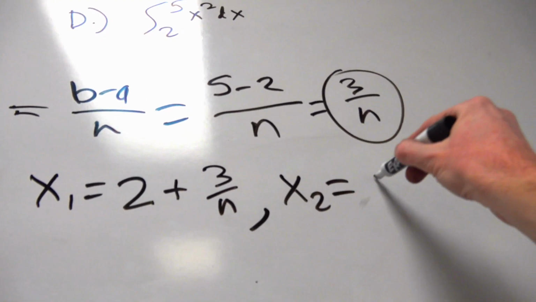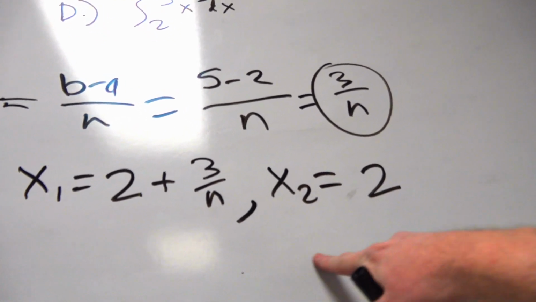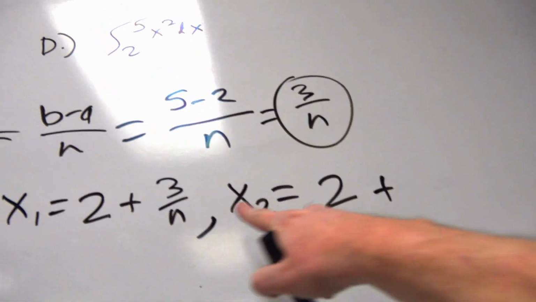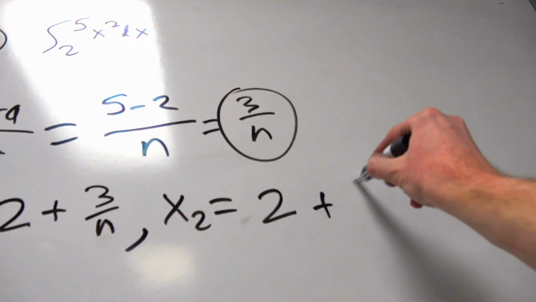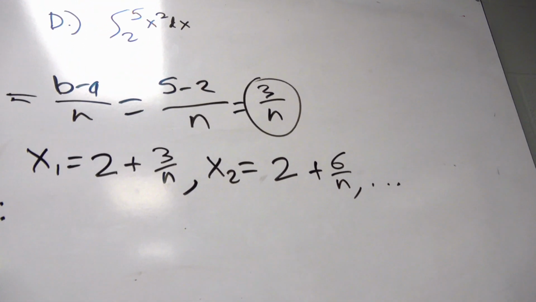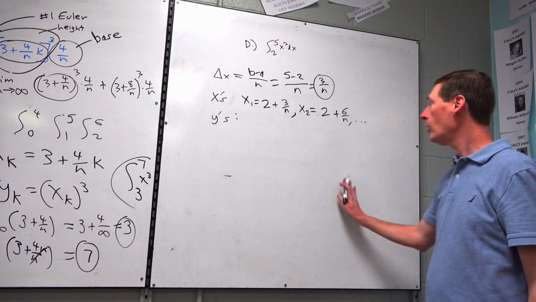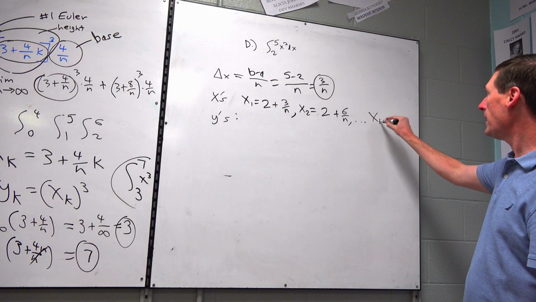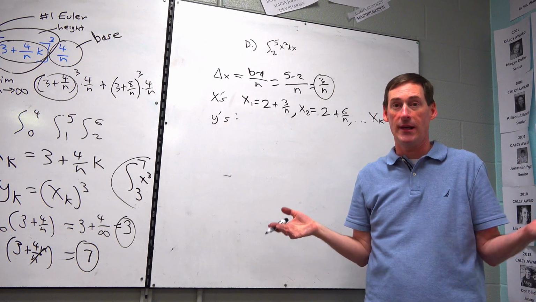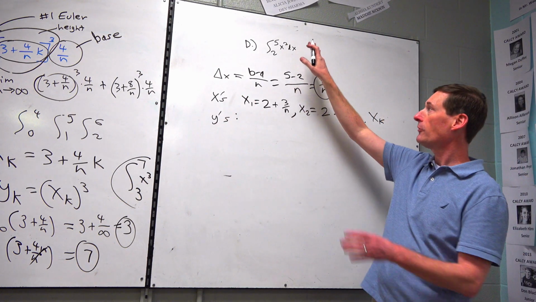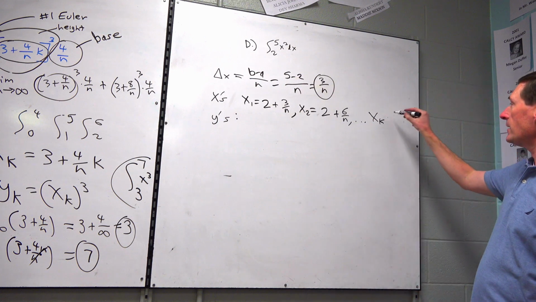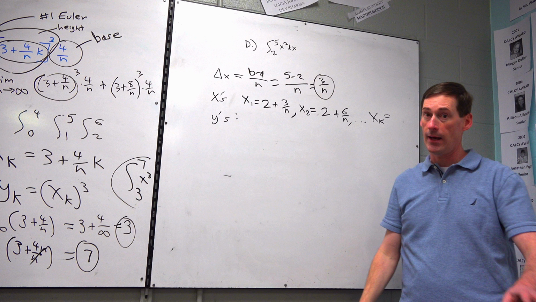X sub 2, still starting at 2 plus the width of 2 buildings. 3 over n and another 3 over n makes us 6 over n. Dot, dot, dot, and then that's going to go forever. And then we establish our pattern, which is x sub k. Now in the sigma problem, I just gave you x sub k. It was sitting right there. In these, when you're trying to go from the integral to the longer form, you probably want to establish your own x sub k because, again, in college they love that, okay?